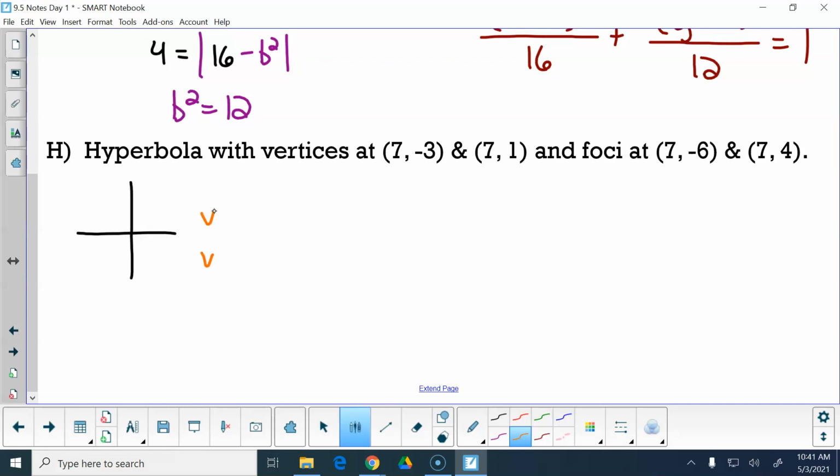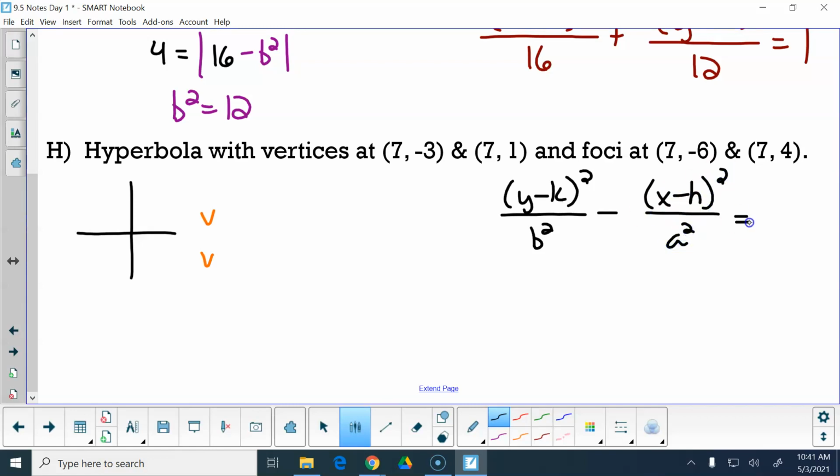That tells me right there that it's an up-down hyperbola, which is that one. The midpoint between those two would be my center. So my center is going to be at the point 7, negative 1.